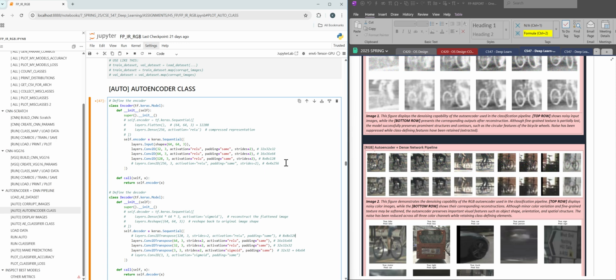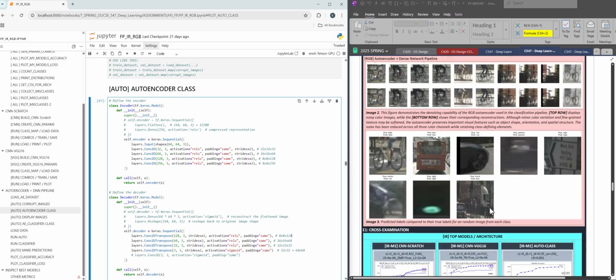So I went back in and I added these convolutional layers back in, and voila, these images came out. So that was pretty important for creating those images.